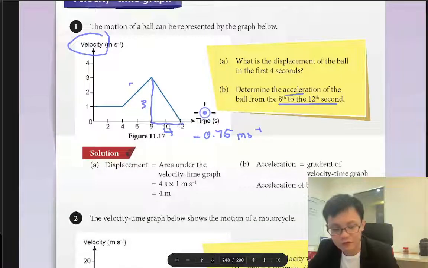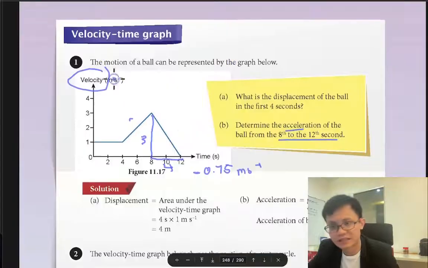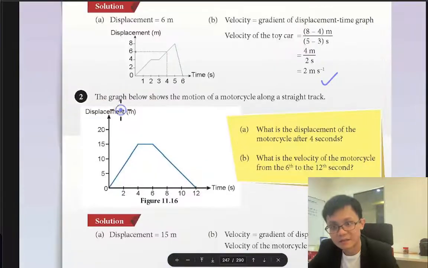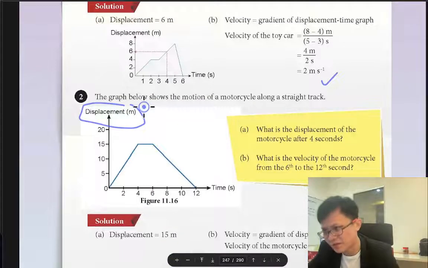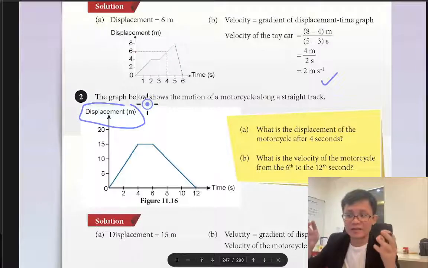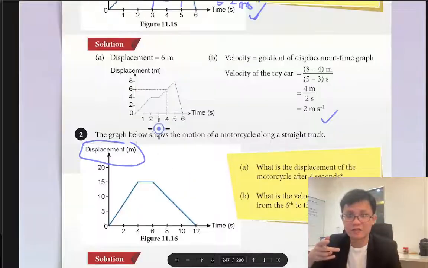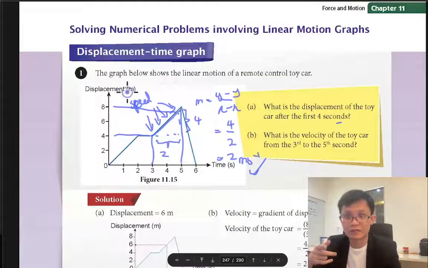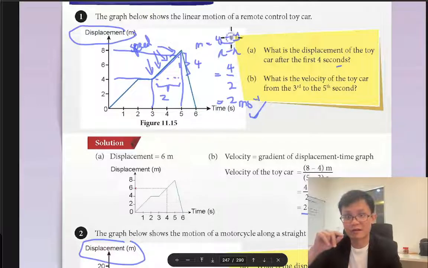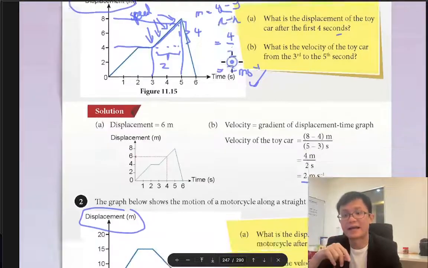I think for this topic, the most difficult thing is this unit: velocity over time, displacement over time, or speed over time. Then you get different things, and the formula is the same. Just now when I used displacement over time, I got the velocity, meaning I found the gradient m equals y minus y divided by x minus x.